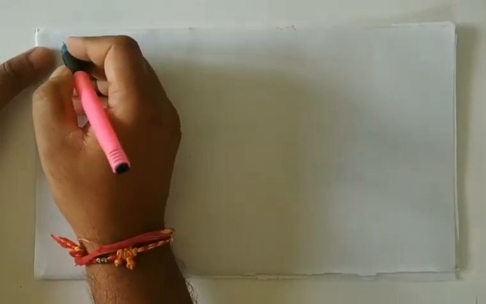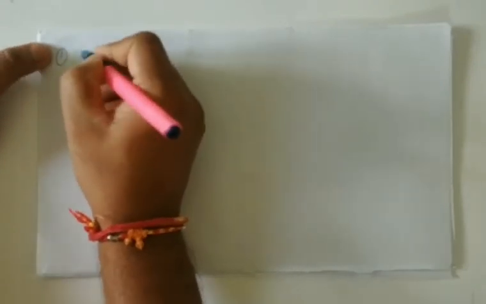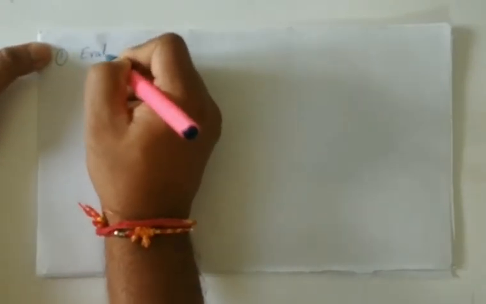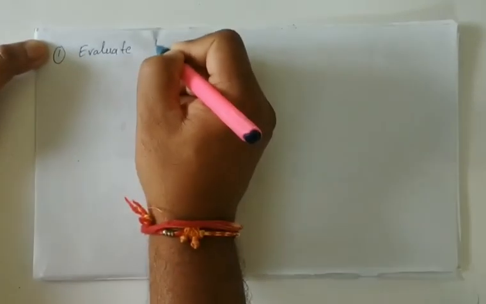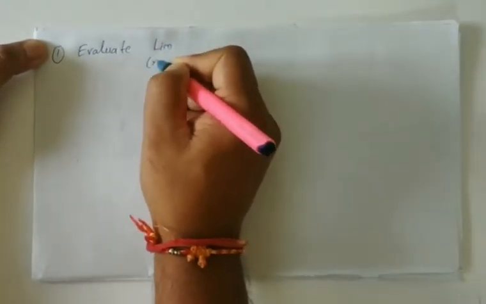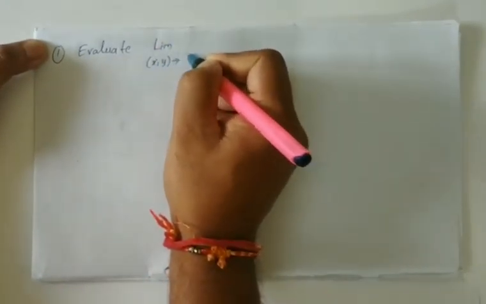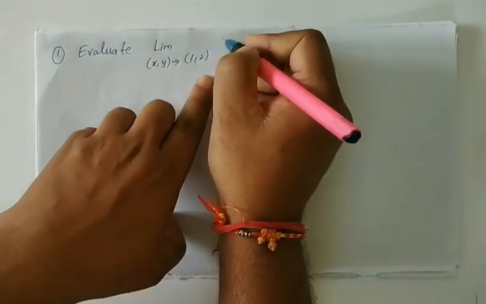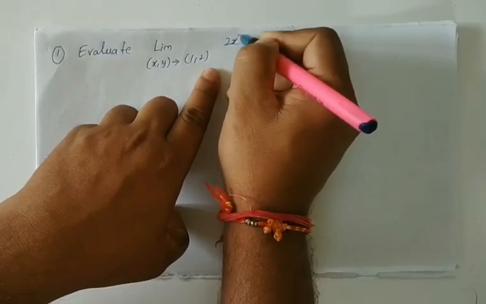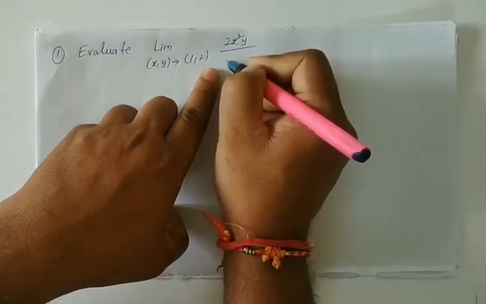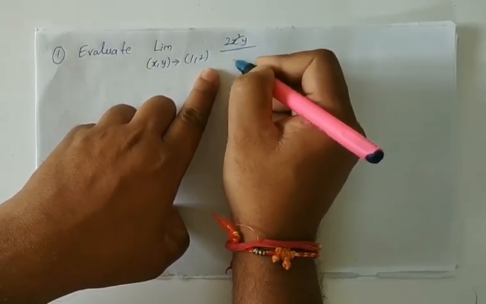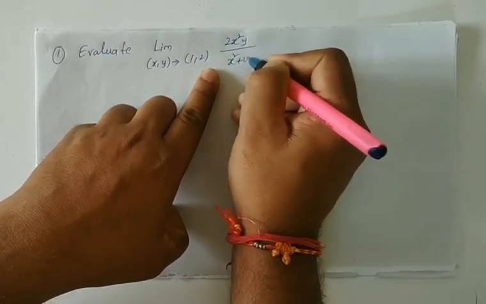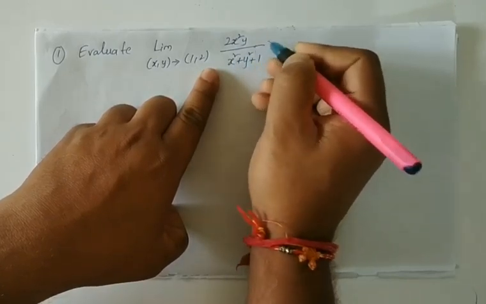Now let us see some problems. Write down. Evaluate the limit as (x, y) approaches (1, 2) of 2x square y by x square plus y square plus 1.